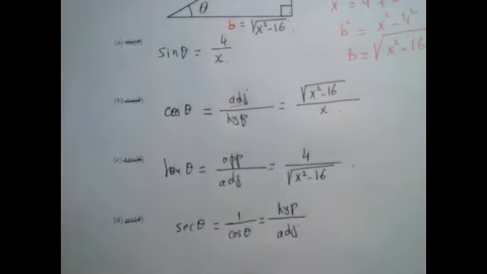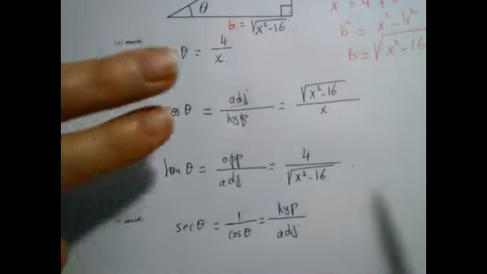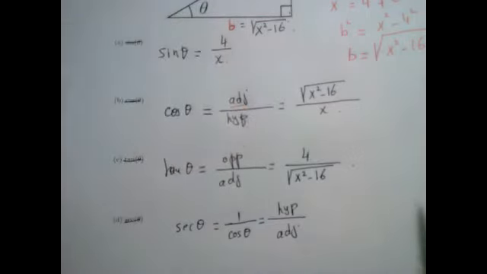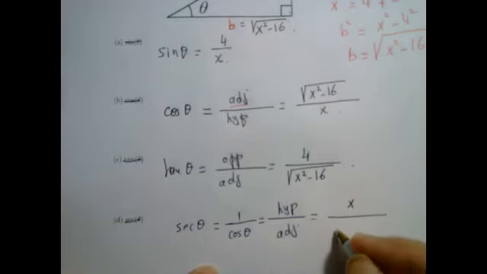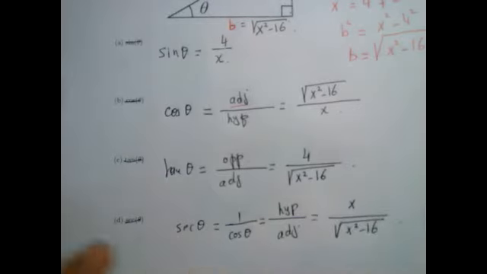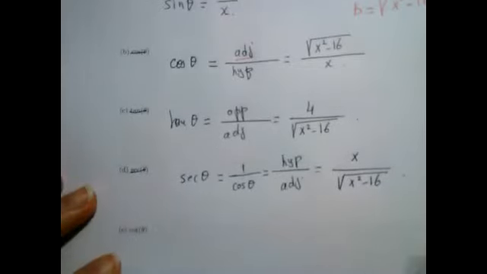The secant is 1 over the cosine, which means you take the cosine and flip it. So this is equal to the hypotenuse x over the adjacent. Okay, what's the cotangent?